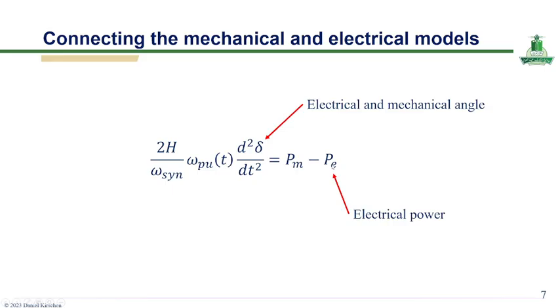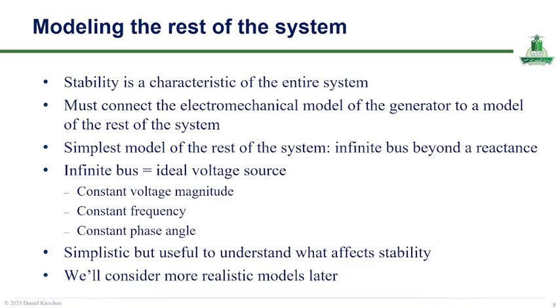The term involving inertia H and synchronous speed reflects how the rotor accelerates or decelerates in response to this power imbalance. This relationship is fundamental for analyzing generator stability and dynamic performance.